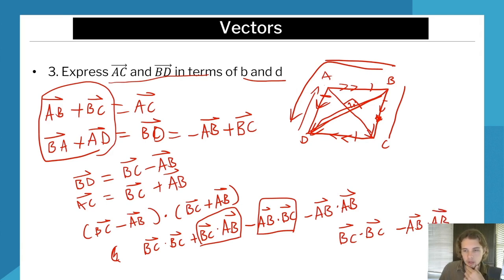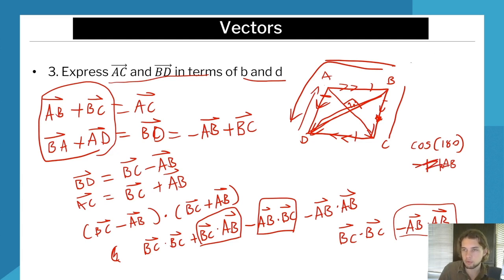Now, when we do the dot product, we know that we end up with a magnitude. The angle between minus AB and AB, since these are opposites, will be cos 180, which is negative 1.